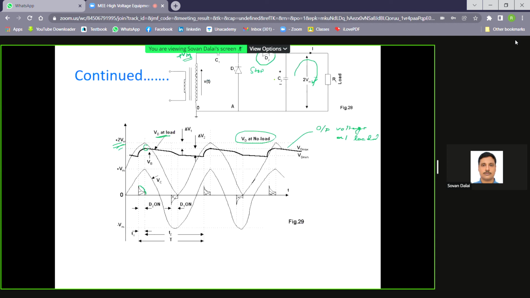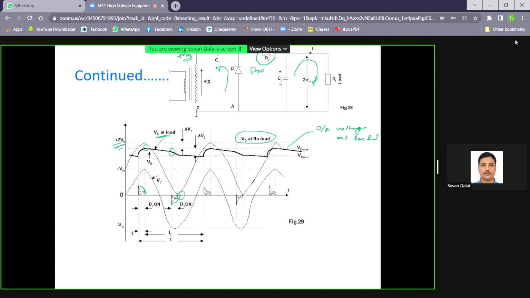Okay, and there is a sudden drop of voltage VD when D1 just starts conduction. এইখানে দেখো এই VD টা যে একটা কন্টিনিউয়াস স্লোপ ফলো করছিল, there is a sudden drop of VD when D1 conducts to charge C1, and VD reaches minimum in which condition? যখন D1 stops conduction.